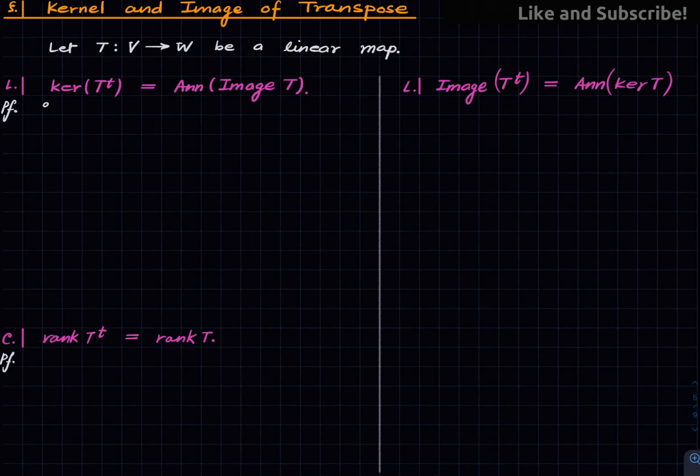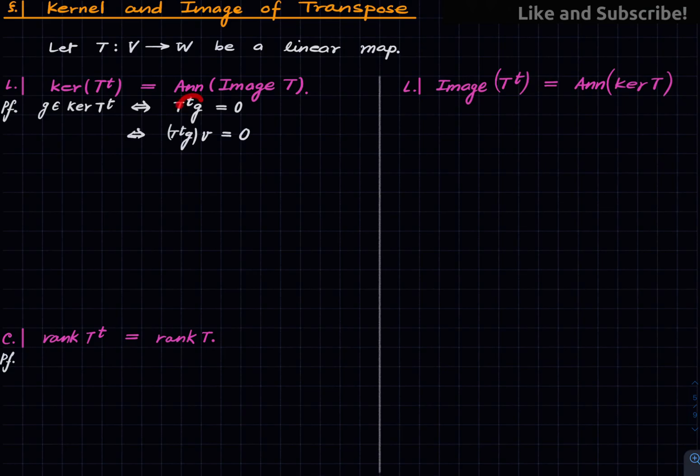Well, if G is in the kernel of the transpose, this happens if and only if, by definition of the kernel, T transpose of G is 0, which happens if and only if this thing kills all vectors in the vector space V, right?